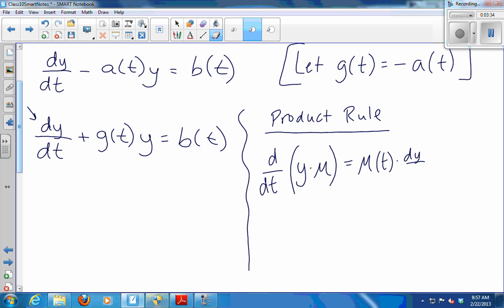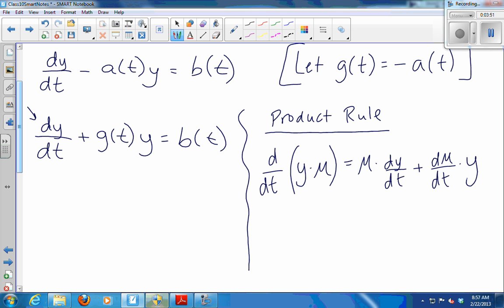I'm just going to leave off the of t's to make it a little cleaner. Mu times dy dt plus, so that's the second times the derivative of the first. Now we need the first times the derivative of the second. So d mu dt times y. So there's the product rule of a function y and some other function mu.